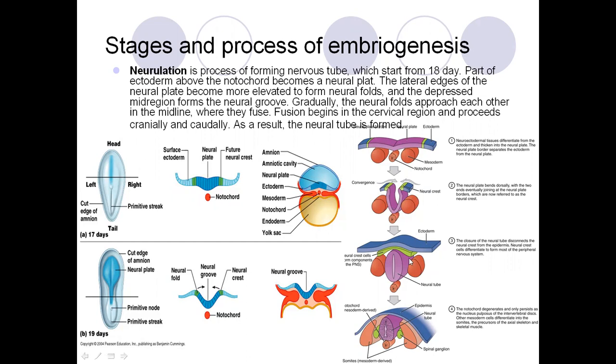Then, gradually, the neural folds approach each other in the midline and then fuse. Fusion begins in the cervical region and proceeds cranially and caudally.